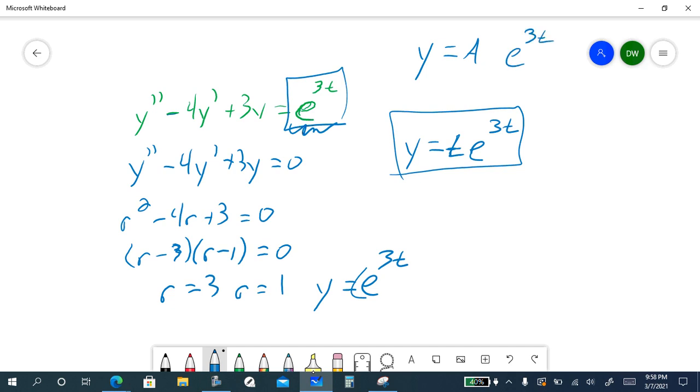But then when we look at our auxiliary equation, r squared minus 4r plus 3, we notice that 3 is one of those solutions. It's not a double solution, but it's one of those solutions. So it can't just be e to the 3t. So since 3 is one solution, then we have to pick up a t to be part of our particular solution.